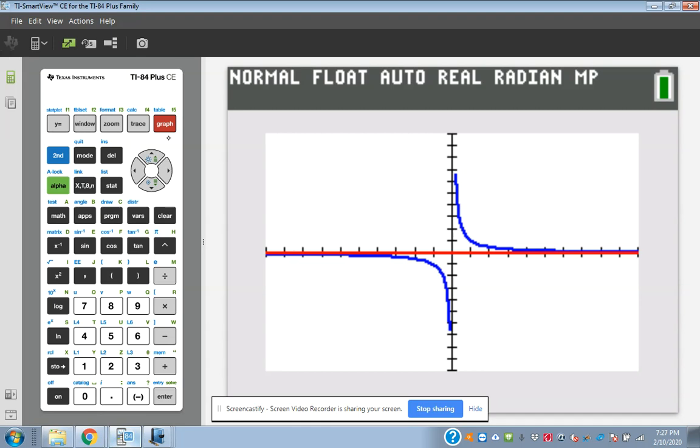Notice how that graph kind of gets up here and starts hugging the x-axis. Doesn't ever really get there though. So what that is, it's a boundary line. An asymptote is a boundary line that kind of guides the graph in the way to go. So the horizontal asymptote for this one is at y equals 0. It guides this line and kind of steers it in that direction. The blue line never touches that y equals 0 though.